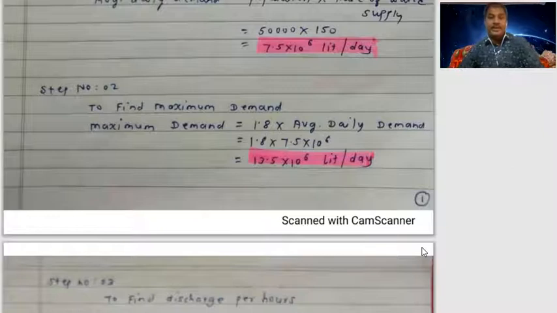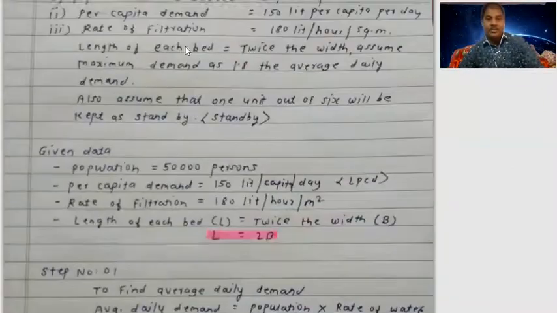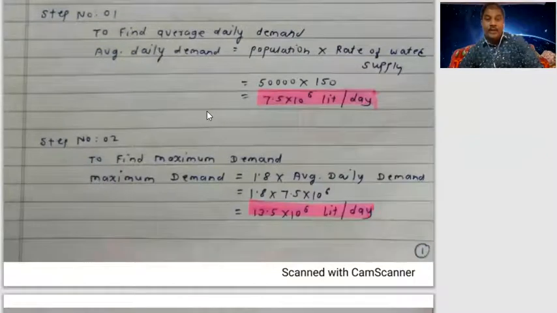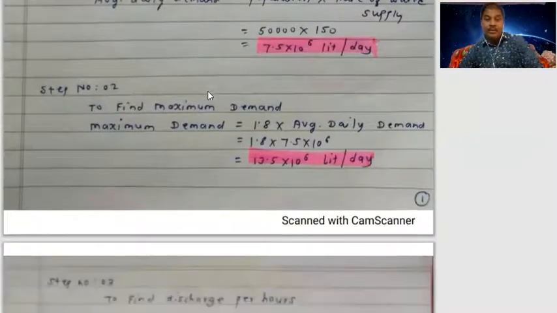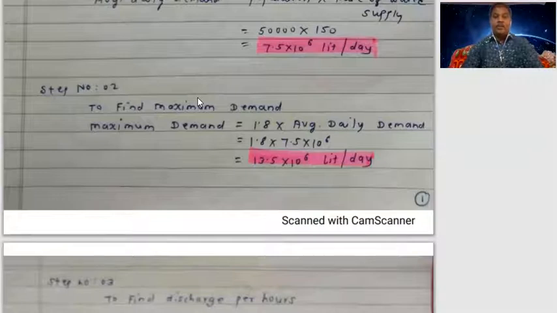Step number two, to find the maximum demand. Here, it is given that maximum demand is 1.8 times the average daily demand. So, maximum demand is equal to 1.8 into average daily demand.